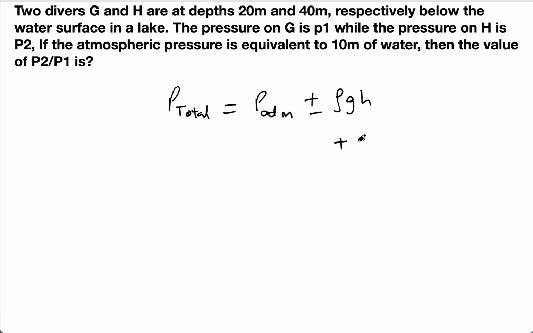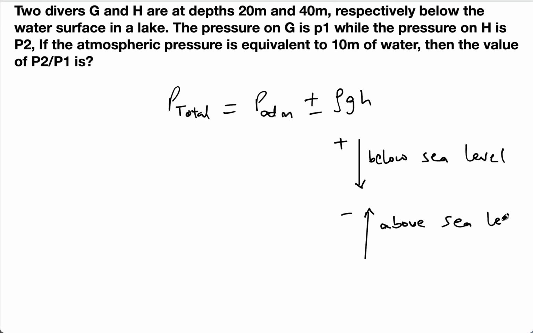The plus sign is when you are at a depth h below sea level, so you use the plus sign. And you use the minus sign when you are at a certain height h above the sea level. So this is when you use the plus and the minus sign.